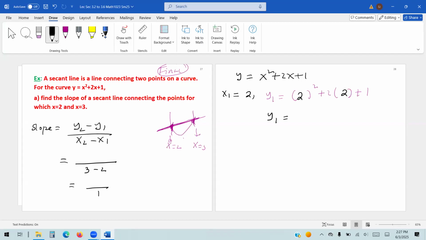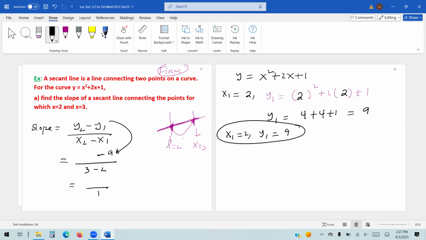So how much is our y1? What is 2 squared? 4. And what is 2 times 2? 4. So what do you have? 9. So if x1 is 2, y1 is 9.